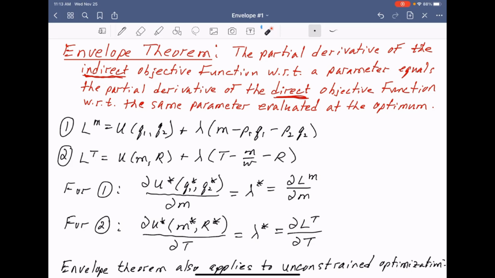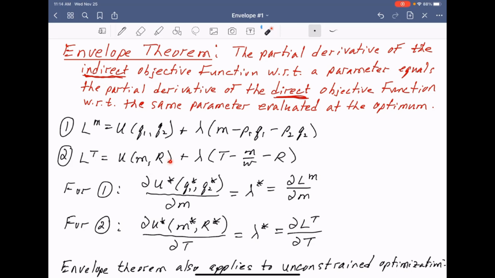One is where we have a Lagrangian as a function of the utility of purchasing goods Q1 and Q2 plus lambda multiplied by the constraint, or number 2, where we're looking at leisure time, and the Lagrangian in that case is equal to this expression.